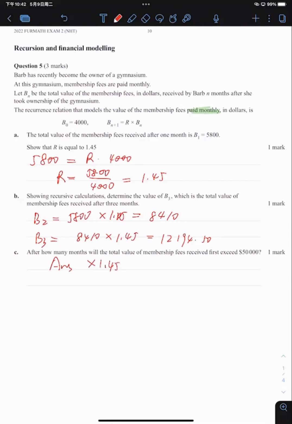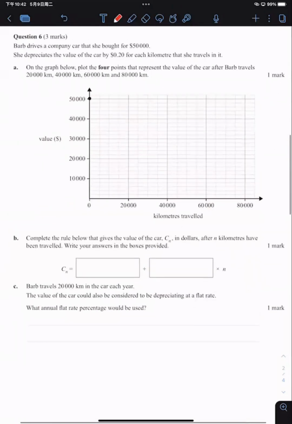Once you do that, you get B4, B5, B6, and you can see B6 is about 37,176.45. The next one is going to exceed 50,000, so B6 is not more than 50,000 but B7 exceeded. So the answer is 7. You can easily just write 7 or B7. That's it.